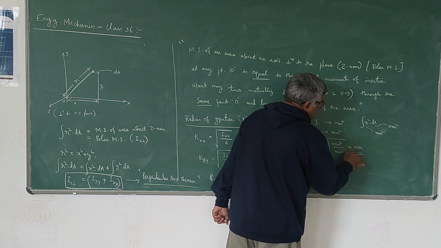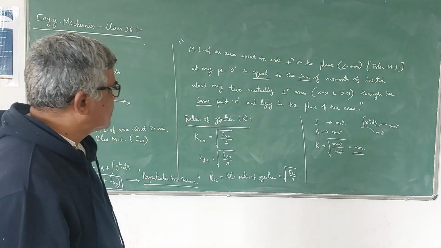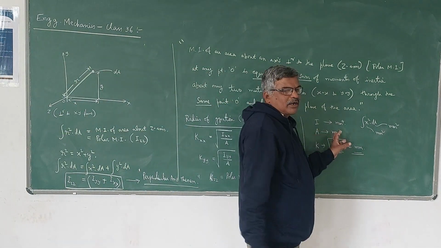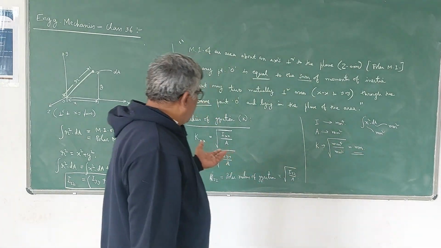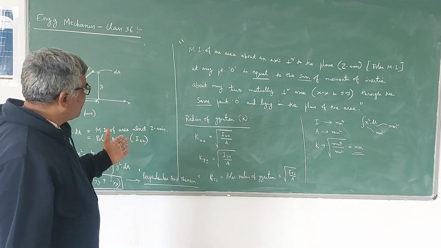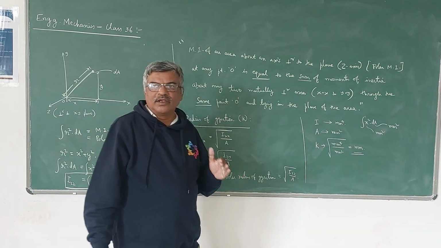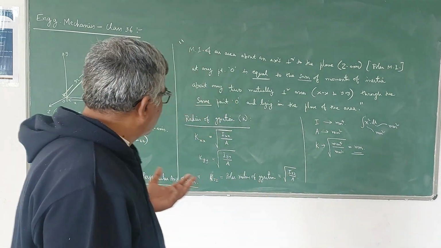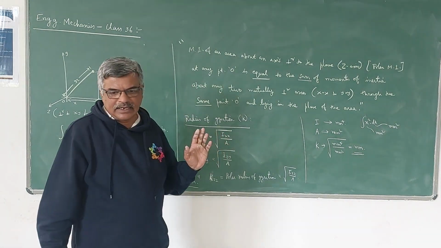So k is expressed in millimeter or centimeter or meter, whereas moment of inertia is expressed in millimeter power 4 or centimeter power 4 or meter power 4. Now this is how we can define radius of gyration. Once you get the value of moment of inertia, you can always find out the value of radius of gyration from the value of moment of inertia and the area of the section like this.